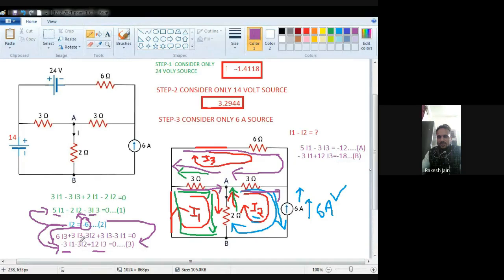This 3 ohm resistance has I3 passing from right to left, and one more current passing from left to right. The direction is opposite, but because my current is I3, I write it with positive sign and the other current with negative sign. Kindly wait.